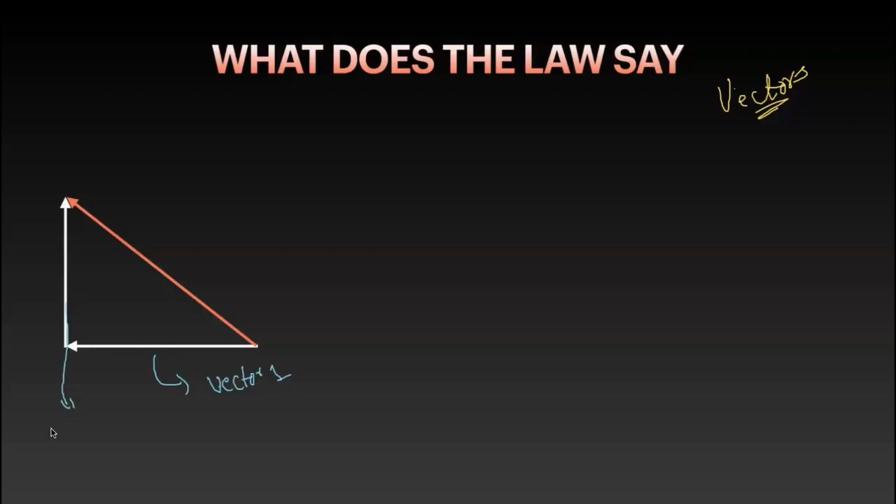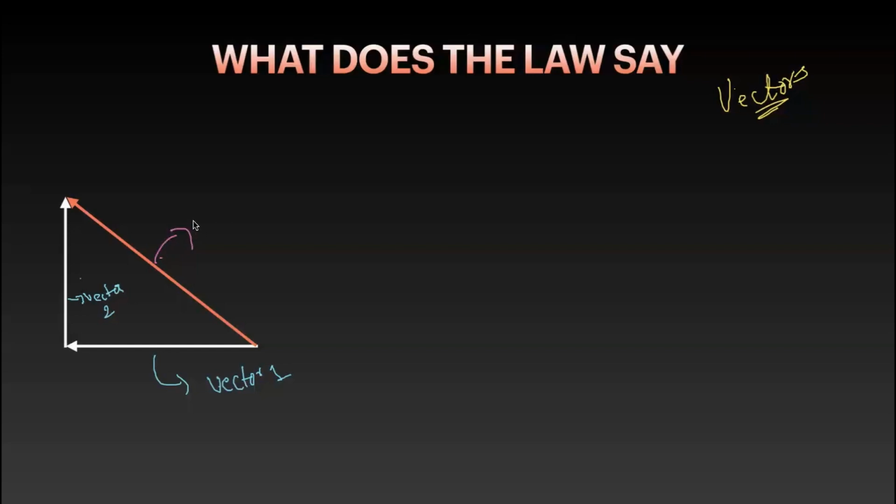Assume this is vector 2. What is this red color?